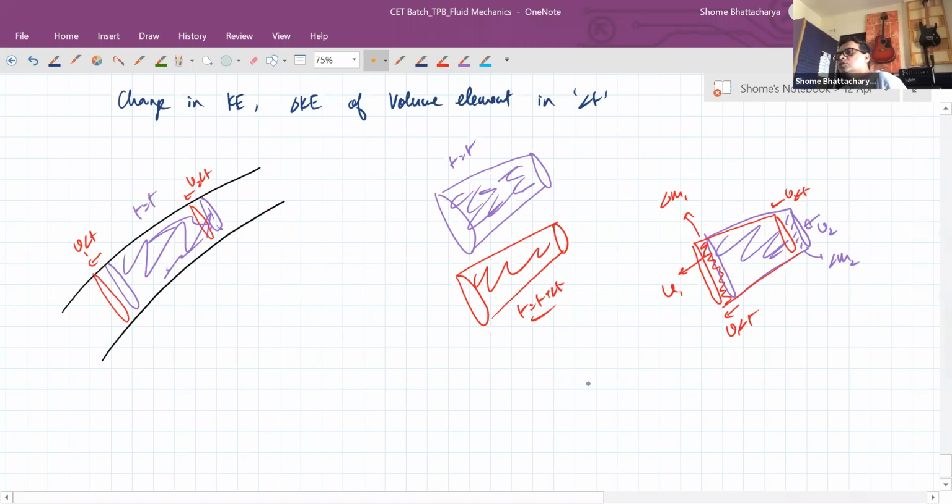Okay. So delta m1 is equal to delta m2, which is density into that volume, because delta m1 is density into a1 v1 delta t, and delta m2 is density into a2 v2 delta t.